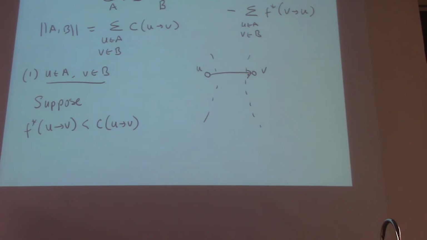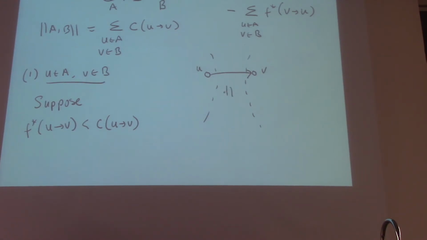In the residual graph, what does this edge look like? If I had to write down the residual graph version of this edge after pushing F star flow through it, what is it going to look like? We've pushed F star flow forward, right? And we've got F star coming backward. So it's going to look like this.